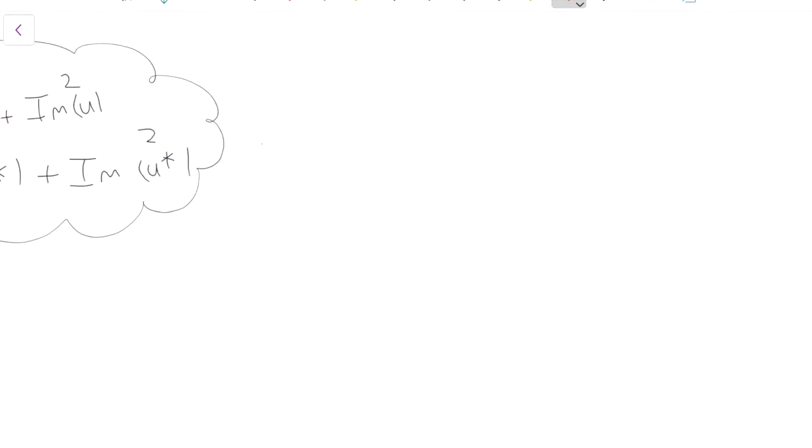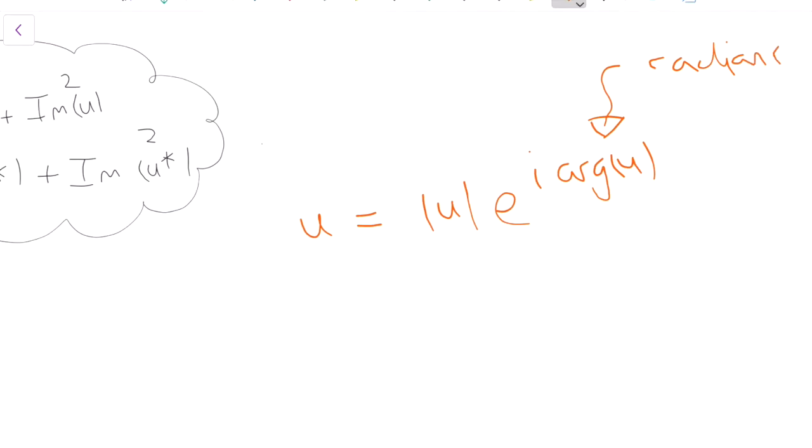You know that you can write u as the modulus of u times e to the i arg of u, where this has to be in radians, by using Euler's relationship, where u is a complex number.